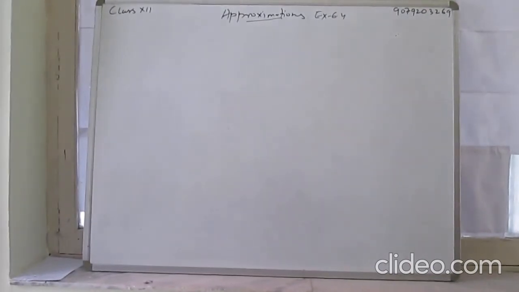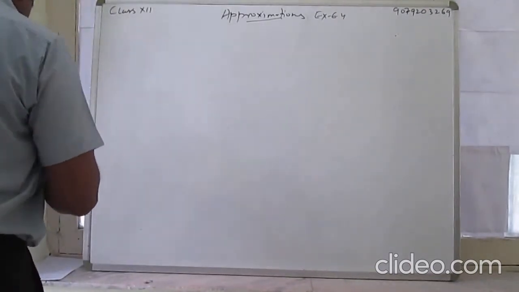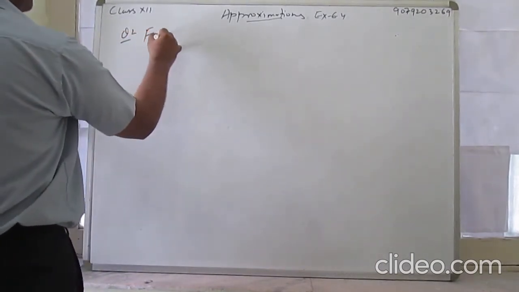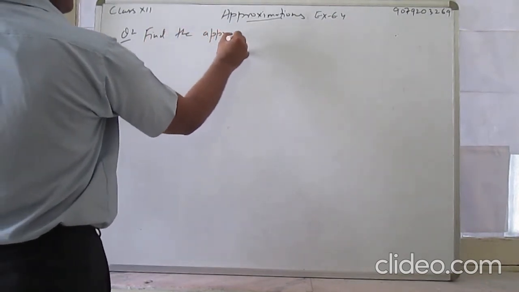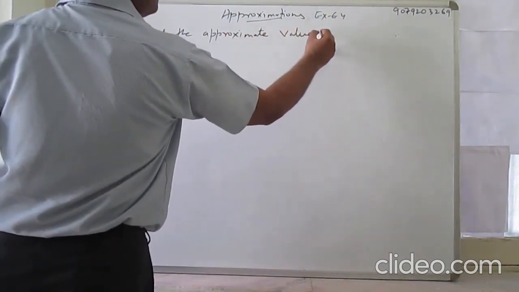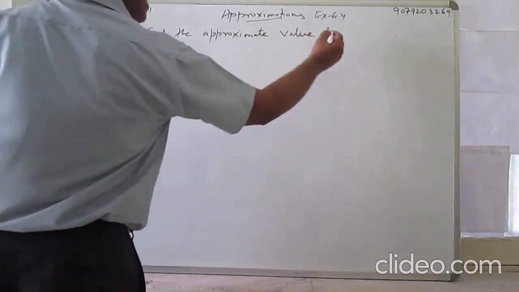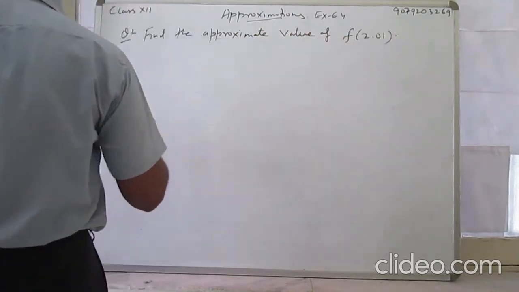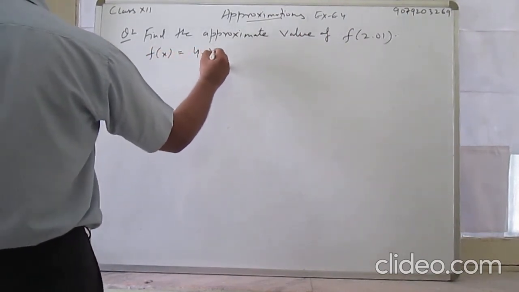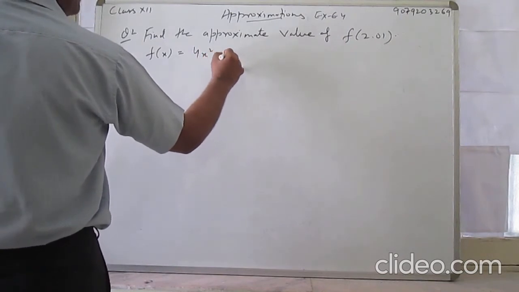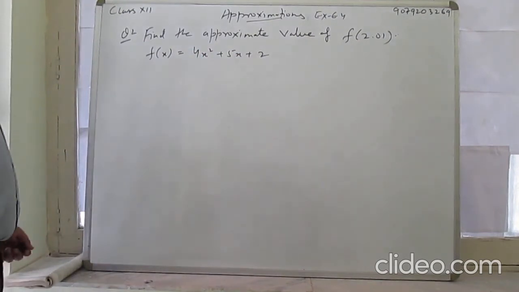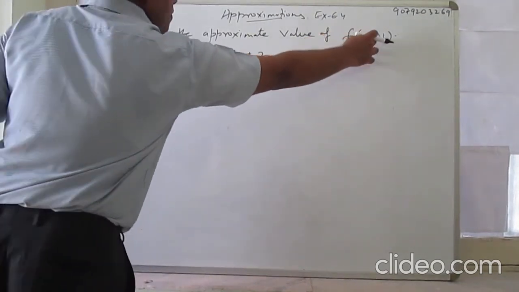Question 2. Find the approximate value of f(2.01), where f(x) is given to you as 4x² + 5x + 2.